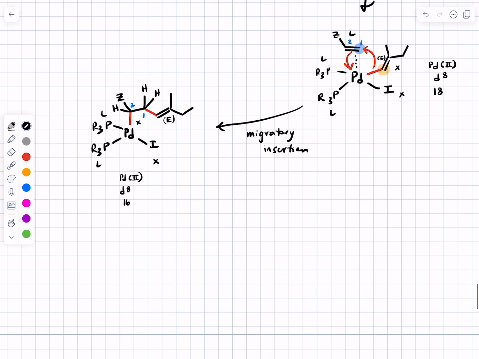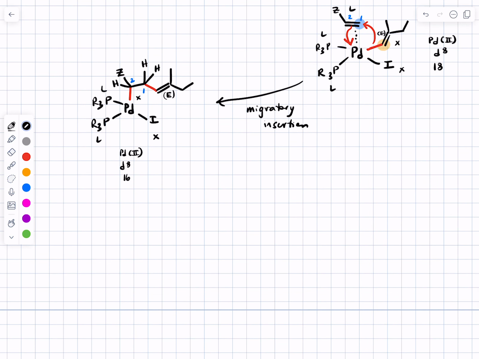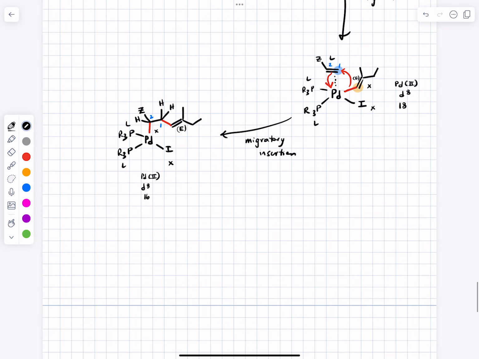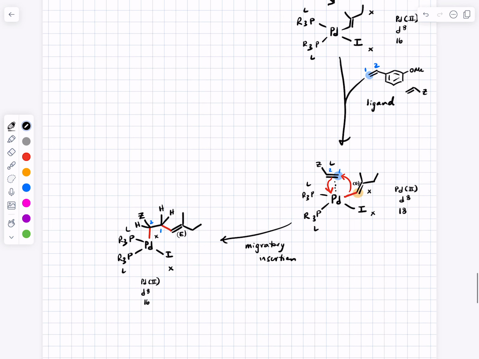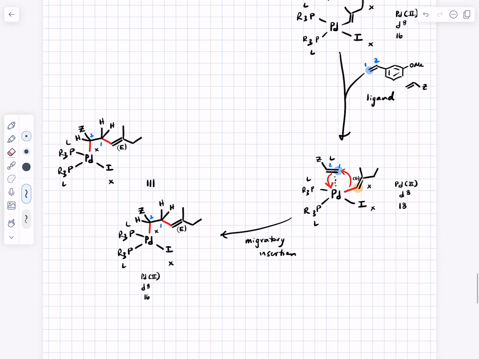Okay, so here is our intermediate. And I'm going to redraw this intermediate in a way that reflects what has to happen at the next step. So I'm going to try to erase some of the extraneous things.